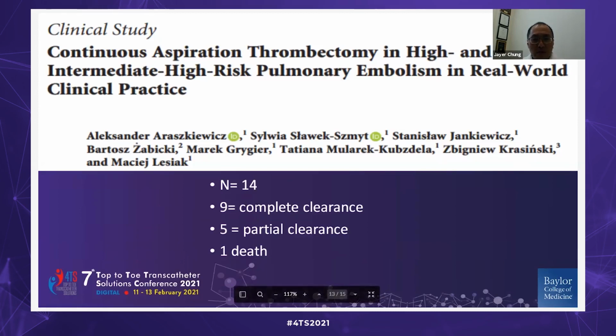This is a series of 14 patients, and what they were able to show is that you can get 9 patients with complete clearance and 5 with partial clearance, with one mortality, though this was somebody that had been already coded for 24 hours prior to presentation. And so this is unlikely to be due to the procedure itself. This simply shows the proof of principle that pulmonary aspiration works.